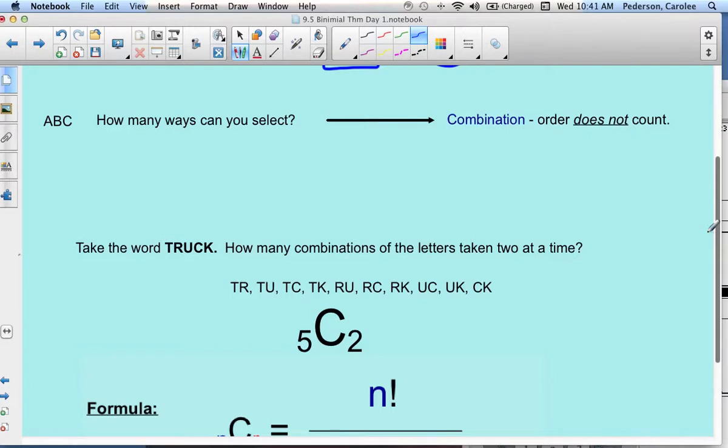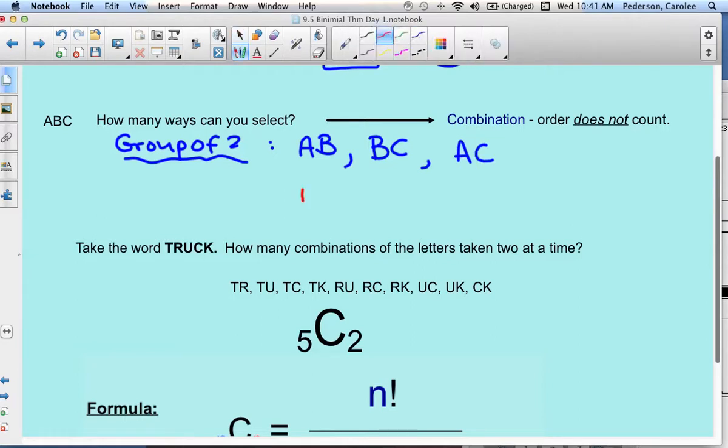So if I want to have groups of 2, I could have just the 2 letters A and B. I could have the letters B and C as a group, or A and C. But I couldn't recount these, BA.